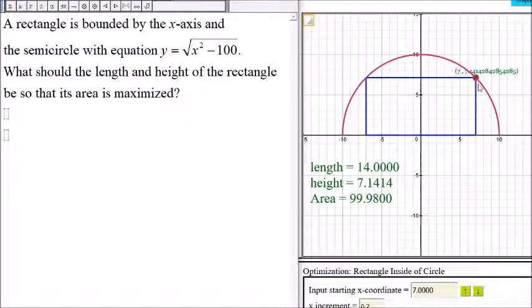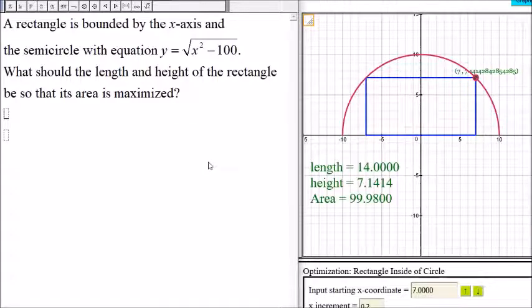This point right here is x, and the length right here would be 2x, and this is y. So this point is some x, some y. The distance from here to here is x, and so the entire length would be 2x. And then the height would be y.